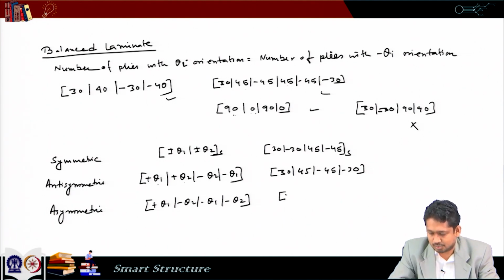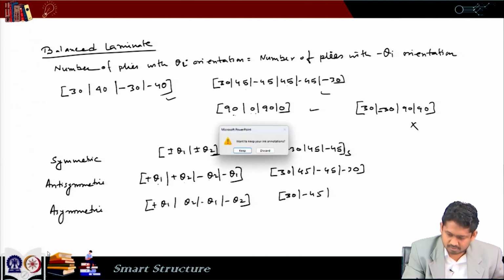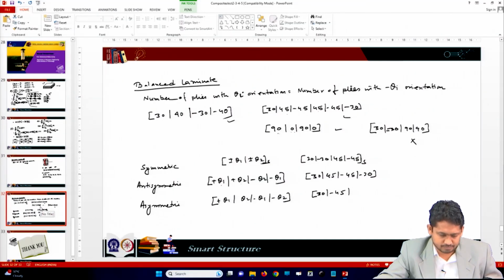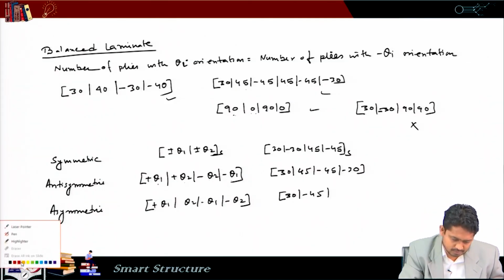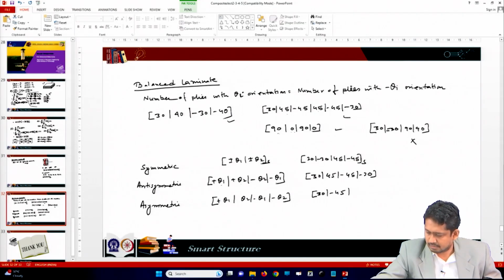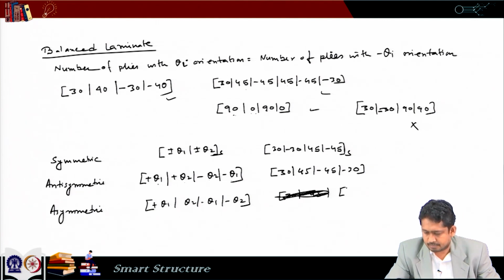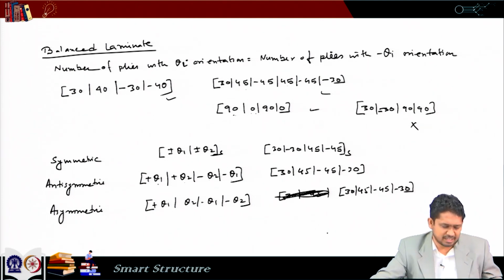Maybe 30, 45, minus 45, minus 30. So, it is asymmetric.